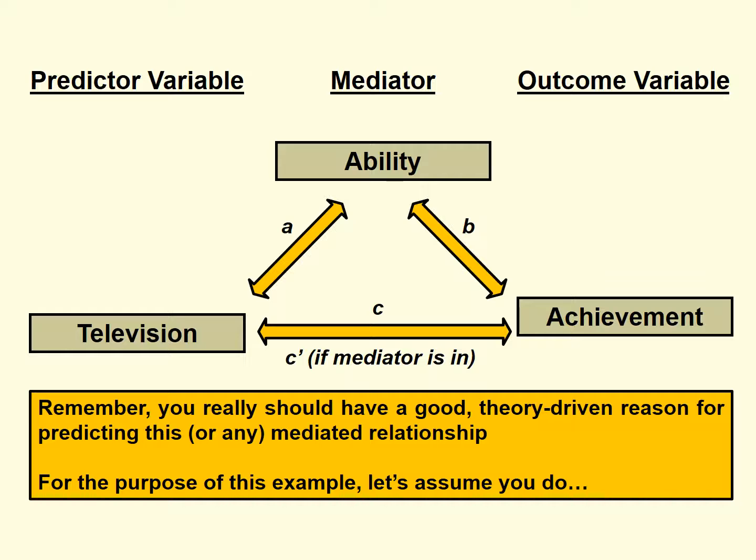Then establish that there's a relationship between television and ability, our mediator, that's A. There's some relationship between ability and achievement, that's B, and then establish that if we have a model that includes both the mediator and the predictor variable, the relationship between the predictor variable and the outcome variable is less than that in a model where there is no mediator. So look to see whether C prime is less than C. That's kind of the gist of the classic Baron and Kenny approach to doing this type of analysis.